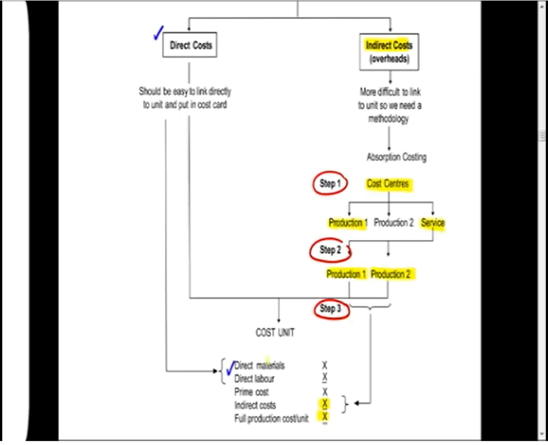Then we've reapportioned our service centre overheads into the production departments so that we can absorb our fixed overheads into individual units based on a given level of activity. If we work out an overhead absorption rate per labour or machine hour, we need to multiply by the number of labour hours or machine hours per unit to give us that overhead per unit for each of the departments.